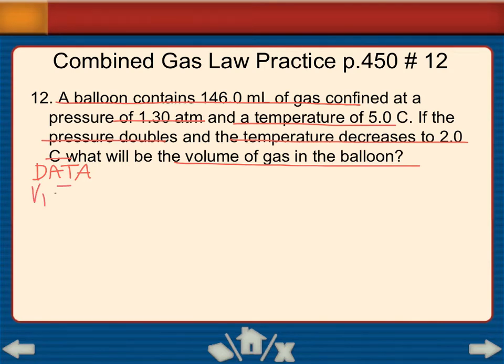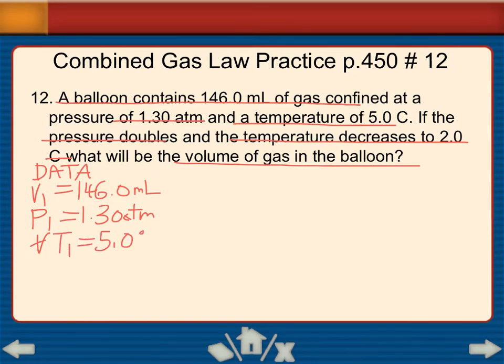Again, collect the data on the side. V1 equals 146.0 milliliters. If we're looking for the new volume, the units aren't specified, so we'll go with milliliters. We have P1 equal 1.30 atmospheres.